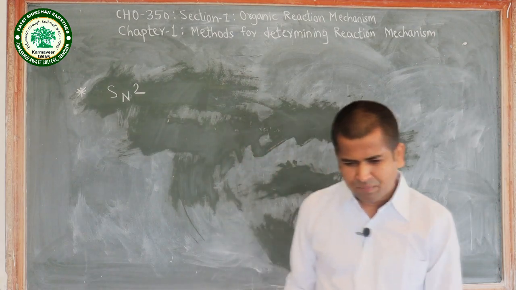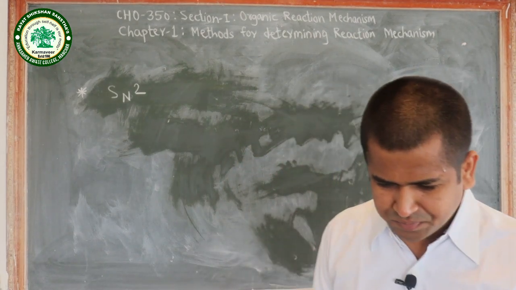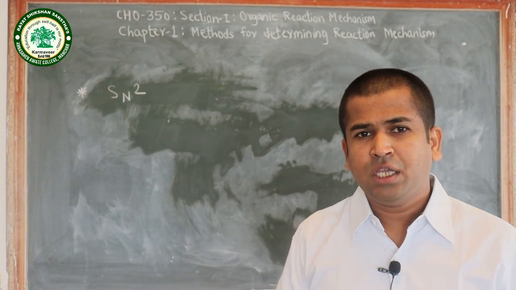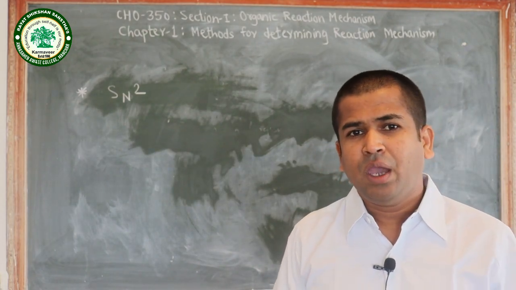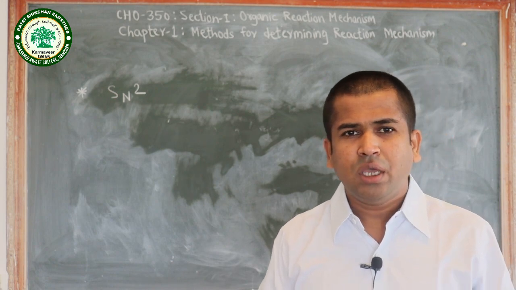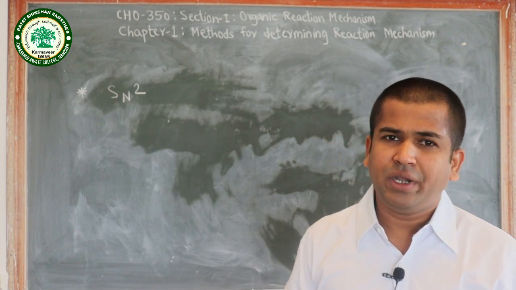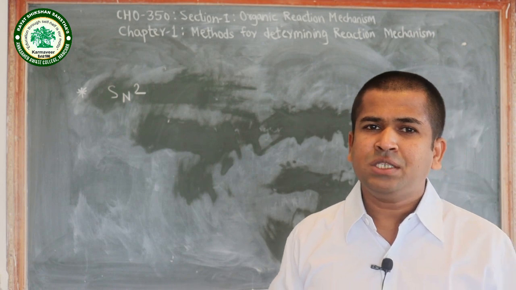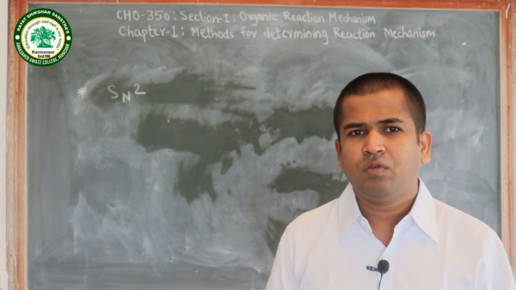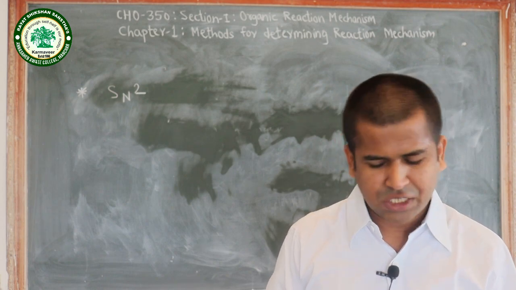So in SN2 type of reactions, the transition state is highly crowded, and the highly crowded transition state shows a loss in degree of freedom. That means a negative entropy is observed for SN2 type of reactions.